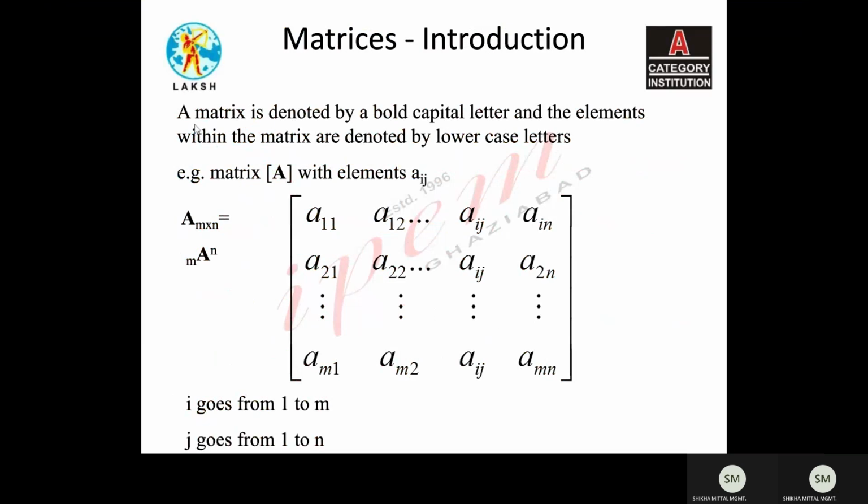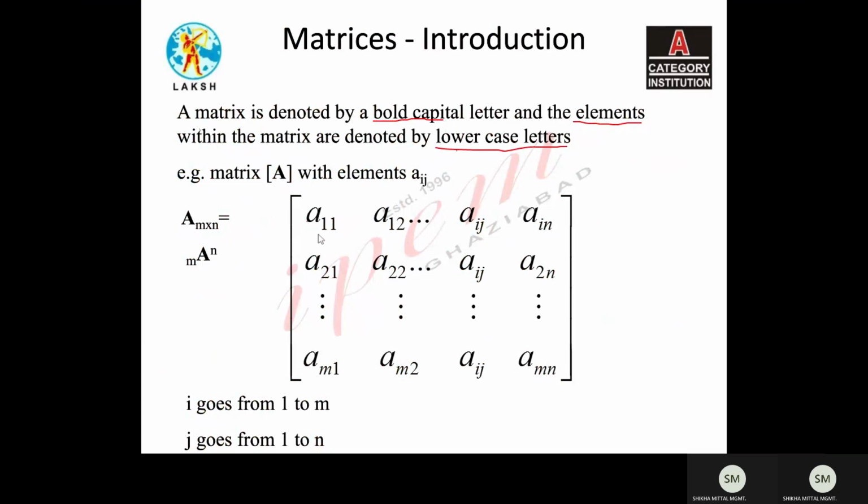Now the notation: a matrix is denoted by a bold capital letter and the elements within the matrix are denoted by lowercase letters. For example, matrix A with elements aij, that is, A in capital bold, of order m by n, or we can write it in the form of A m by n is equal to a11, a12 up to aij up to ain, right?